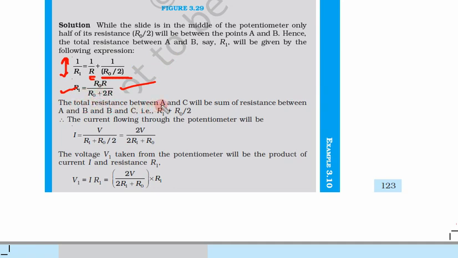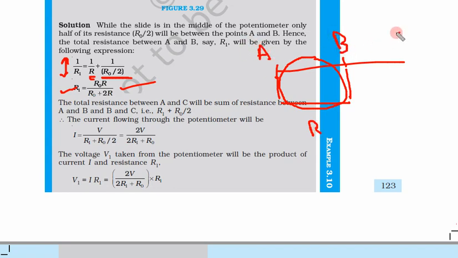The total resistance between A and C will be the sum of the resistance between A and B and between B and C. That means now we have this much resistance for parallel. Now this equivalent resistance is R1. This is A, this is B, this is C. So now the total resistance is R1 plus R0 by 2.